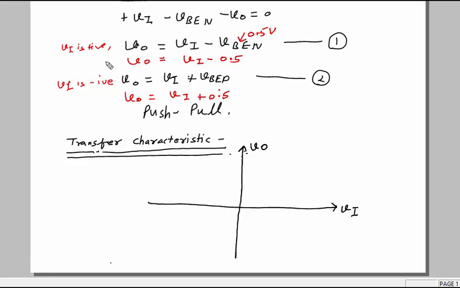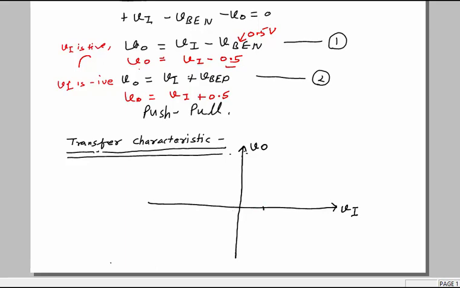Now it means when Vi is positive, going in the upward direction, only when it crosses 0.5 will we get V naught. It means from 0 to 0.5, when Vi is positive, V naught will be 0 till that point. Let us find this value in the curve.